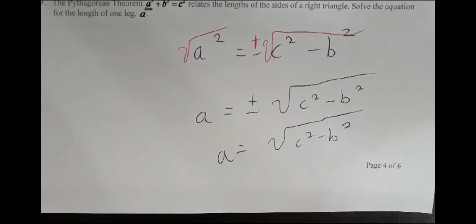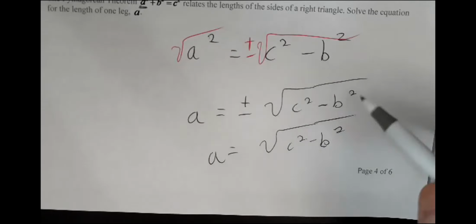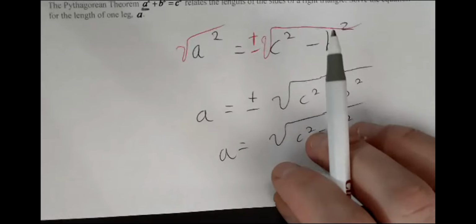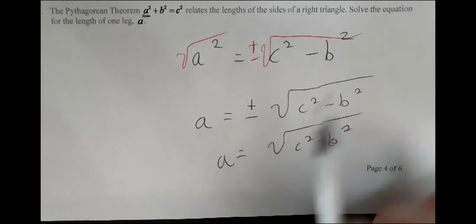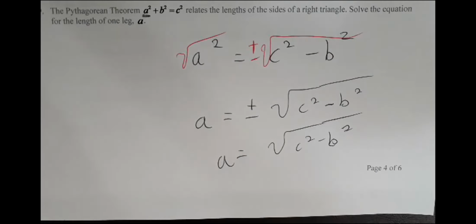A is never going to be a negative number. The thing in the square root's never going to come out to be a negative number. Your hypotenuse should always be larger than your leg. So if you wanted to drop the negative sign, you can just tell me the positive square root. And that's coming from context, right? Mathematically, we should probably always put the plus or minus.